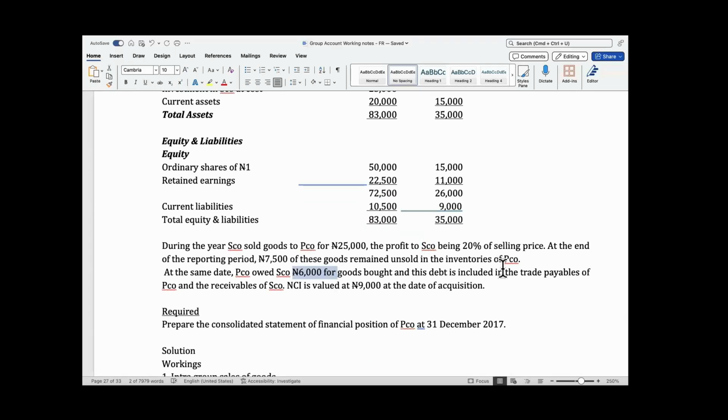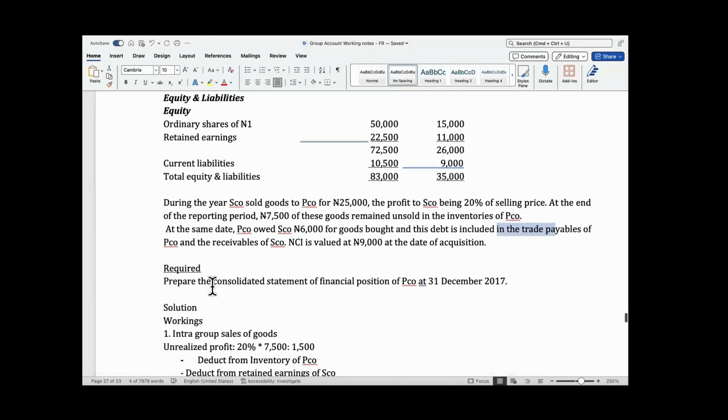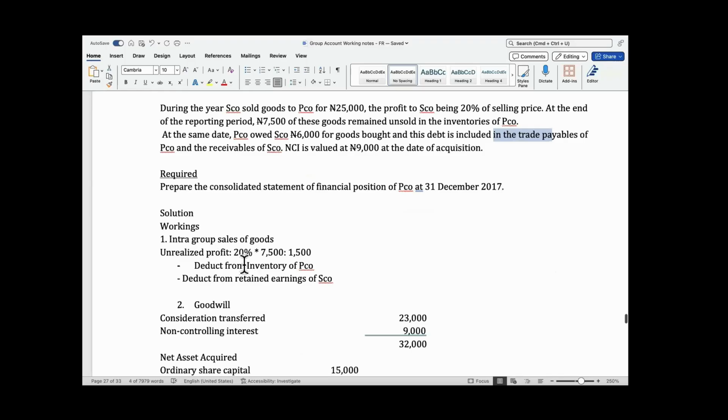It's the amount included in trade payables and trade receivables, from transactions between the two of them. So you cancel those out, just like we have explained before. For the unrealized profit, you remove it from the inventory of the one that bought it, and also from the retained earnings of the one making the profit.